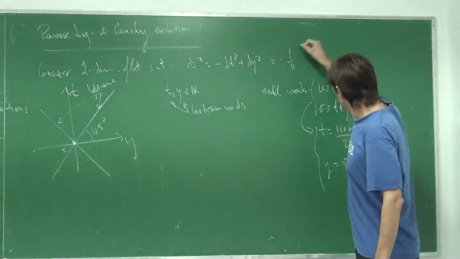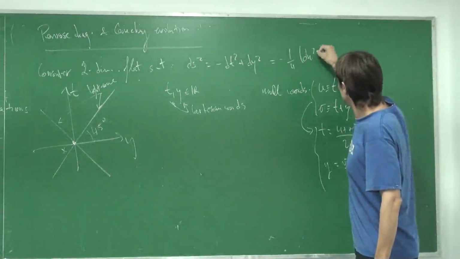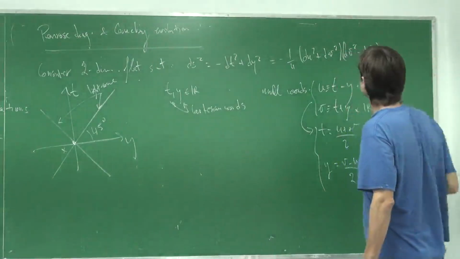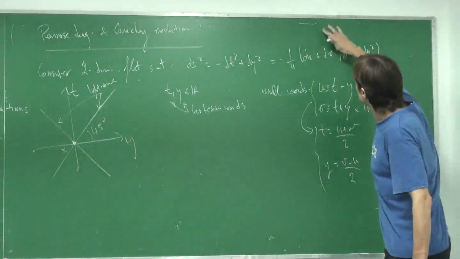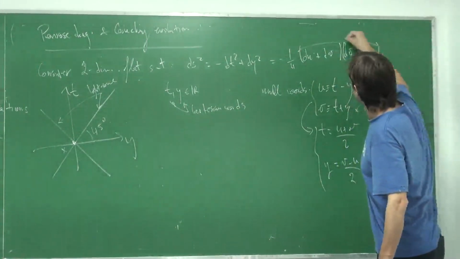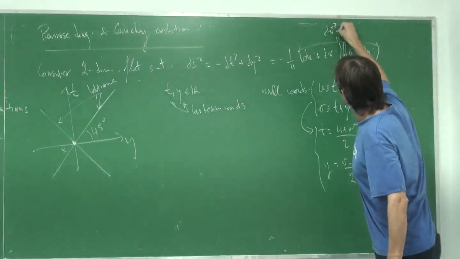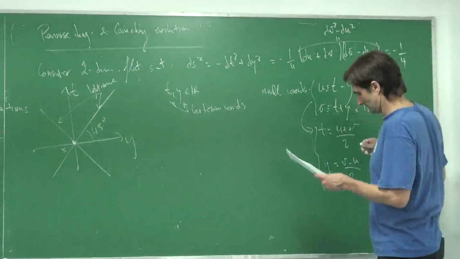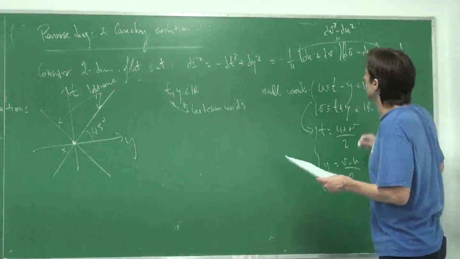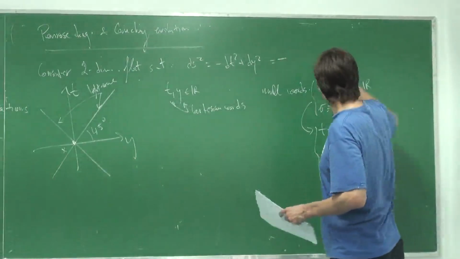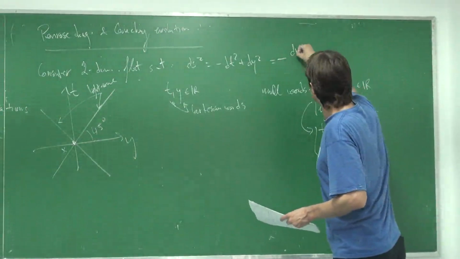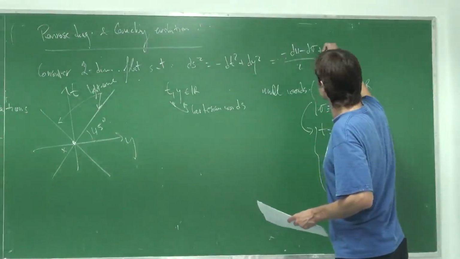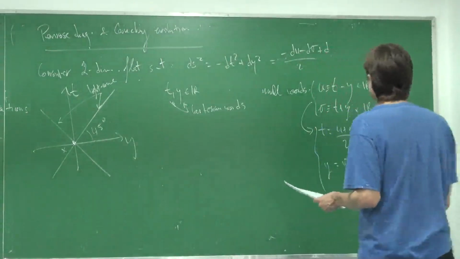So in here, you've got the line element, minus dt squared plus dy squared, which is minus (du plus dv) over 2 squared plus (dv minus du) over 2 squared. Sorry, multiplying it, not the division.